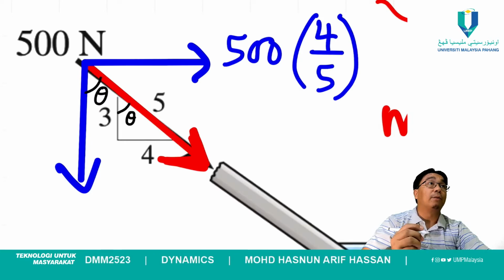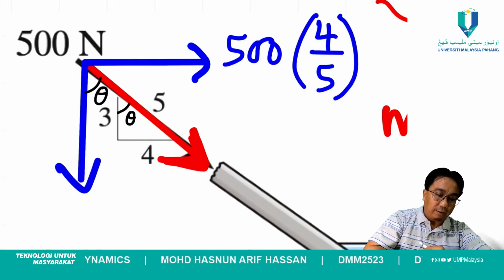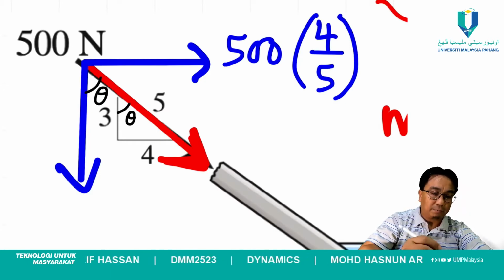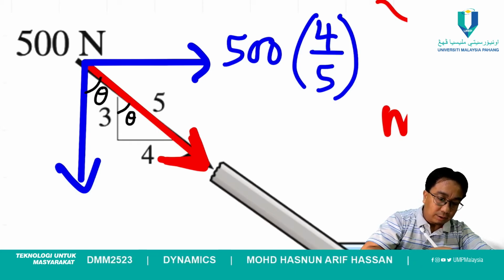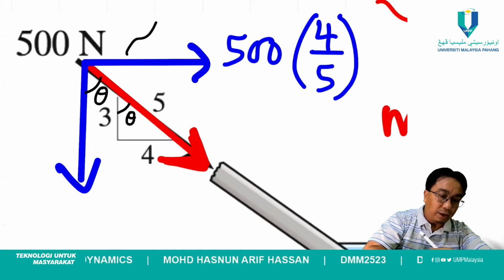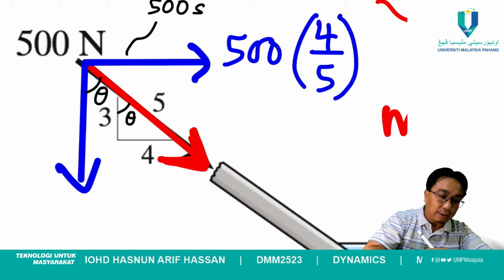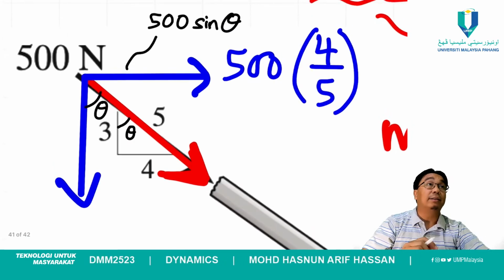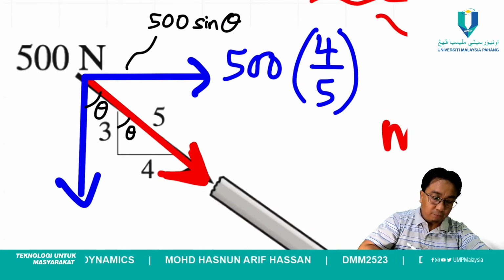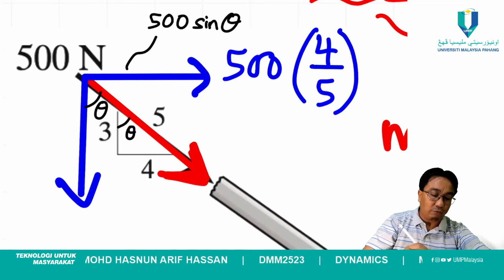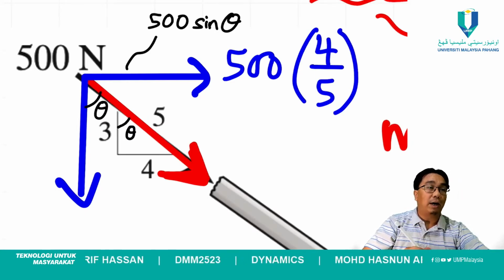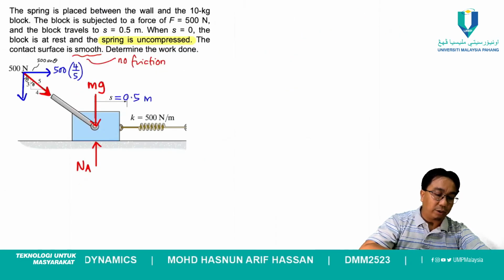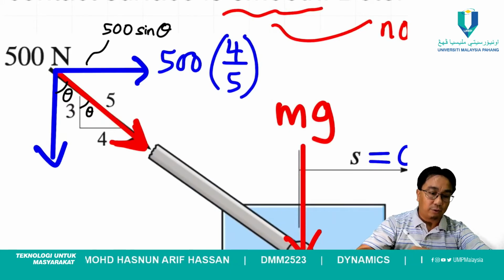So the horizontal component here must be 500 sine theta. Okay, and then how do you get the sine? From this triangle, sine is equivalent to the opposite over hypotenuse. That's why you get 4/5 for this part.